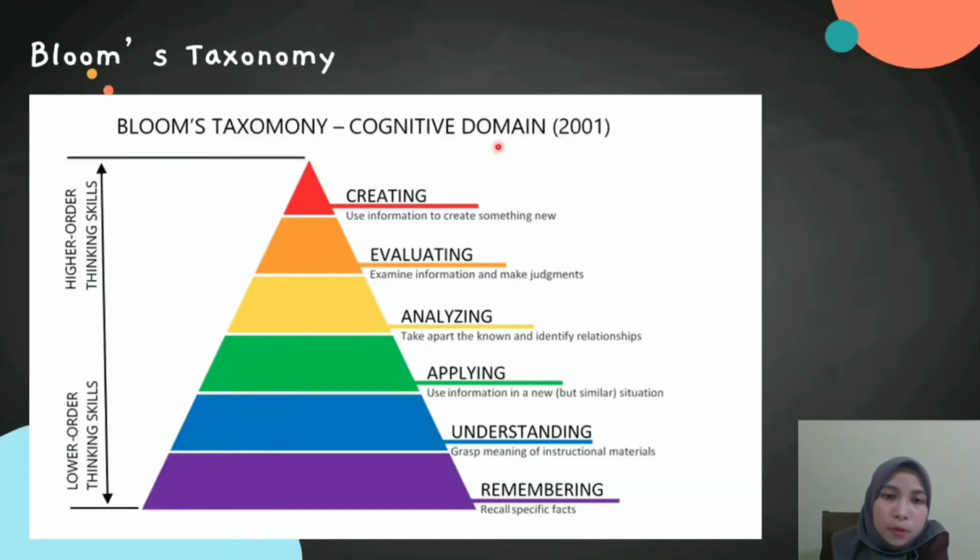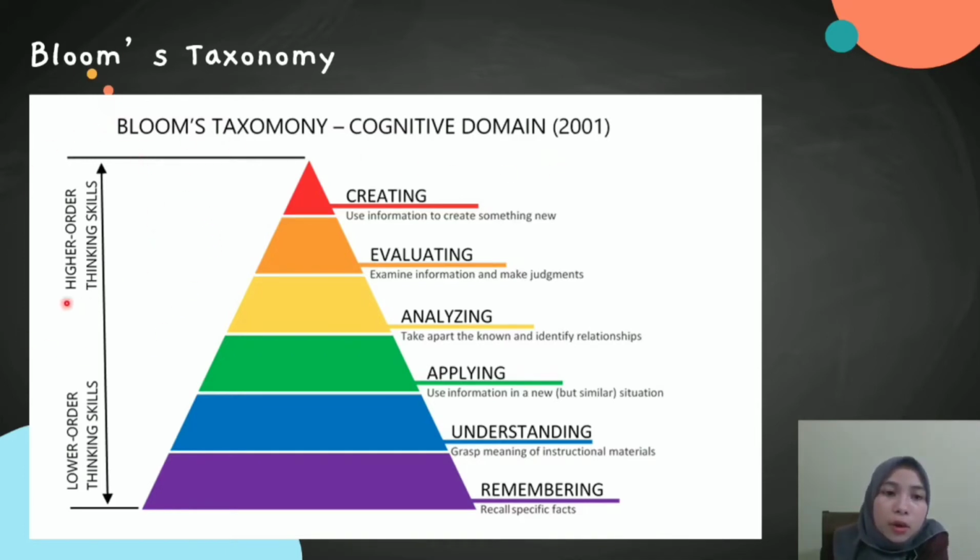As I explained before, in acceptable performance level in the slide before, I said that it follows the level of Bloom taxonomy. So what is Bloom taxonomy? Basically, the Bloom taxonomy cognitive domain relates to the level of higher order thinking skill.